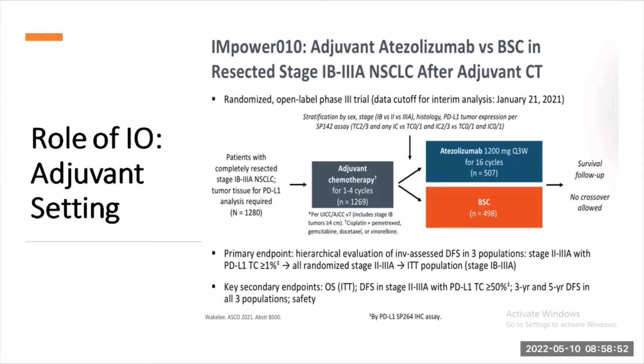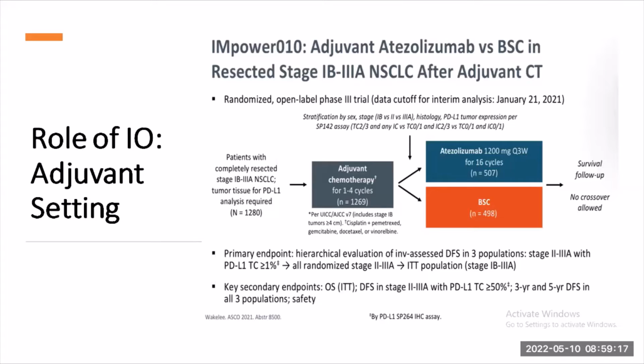There are currently multiple trials going on in the adjuvant setting, which include PEARLS, pembrolizumab, ANVIL, which includes nivolumab, durvalumab, and this is IMpower010, where adjuvant atezolizumab was used in resected stage 1B to 3A non-small cell lung cancer patients after completion of adjuvant chemotherapy.